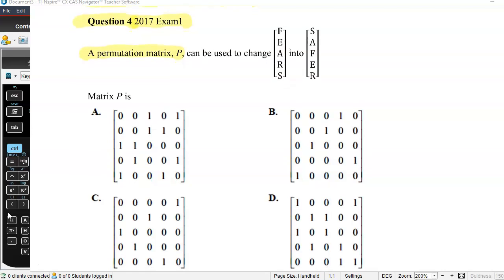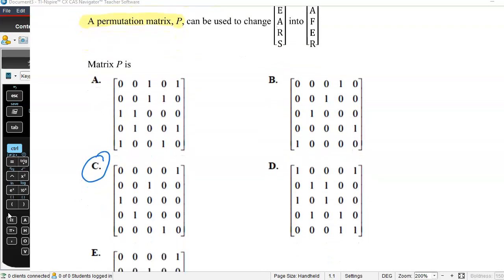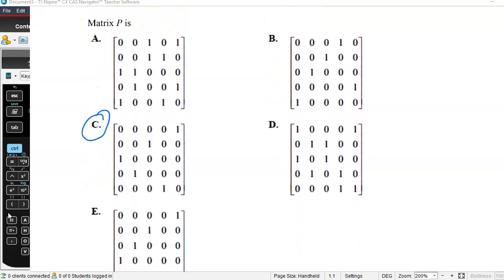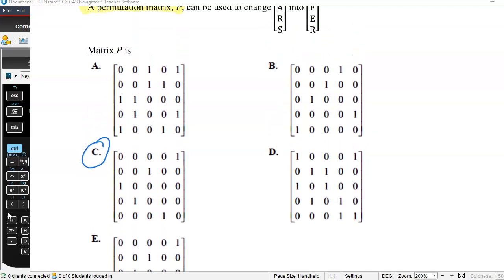I might actually tell you the answer for this one, and then we can go through why it is so. You can probably see we can eliminate A and D. Why can we eliminate A and D? You can see they've got more than one 1 in rows and columns.